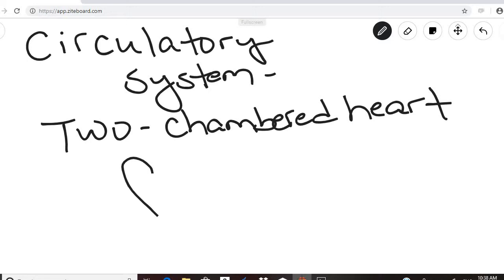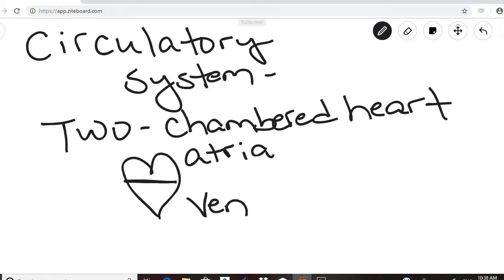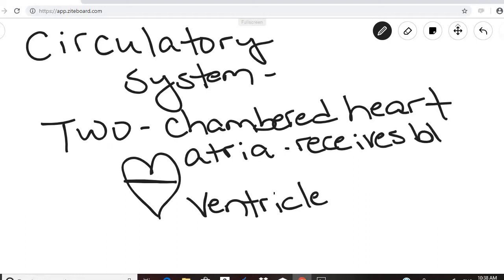And so in a fish, they have an upper chamber that is called the atria, and the lower chamber is called the ventricle. The atria is the chamber that receives the blood as it is returned from the body, and the ventricle is the part of the heart that pumps the blood out.